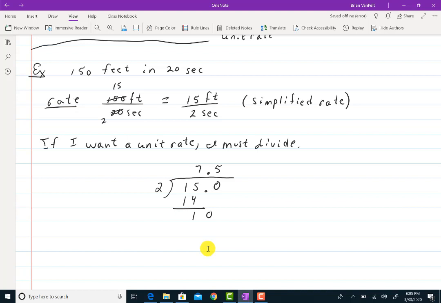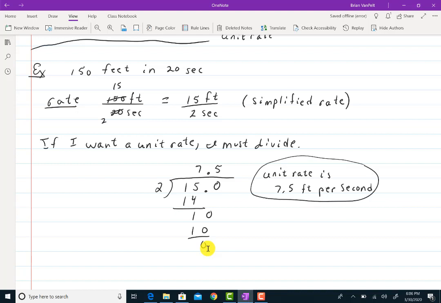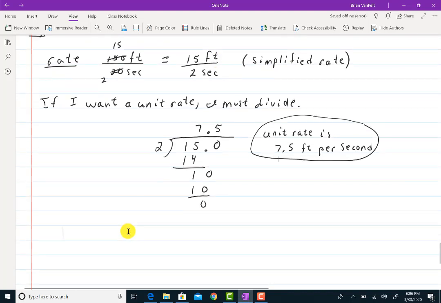So my unit rate then will be 7.5 feet per second. So that's the unit rate. You'll usually be asked to find that or the simplified rate. It just depends on the nature of the question.